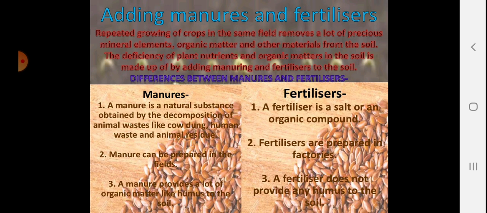In that case, fertilizers are more useful than manures. But as fertilizers are made from chemicals and organic compounds, when they mix with rainwater or some other source of water, they can pollute soil as well as water if they are overused. So both have their own respective advantages and disadvantages.